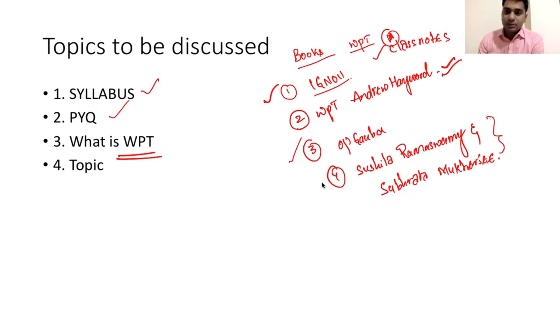Now, let me start with the class directly. What is Western political thought? Western is something related to the developed countries.